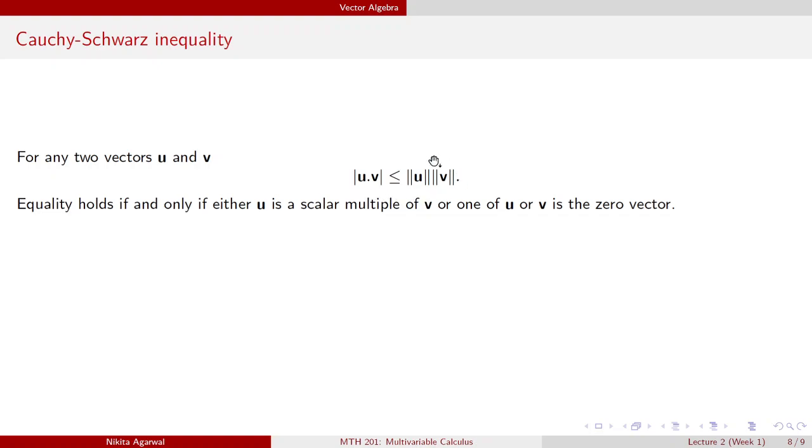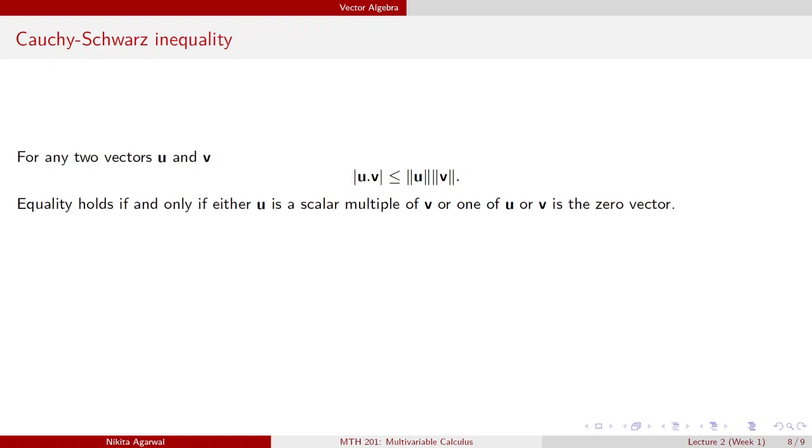And this less than or equal to is actually equal to in two cases. One, if either u is a scalar multiple of v or v is a scalar multiple of u, if one is a scalar multiple of another, or if one of u or v is the zero vector.